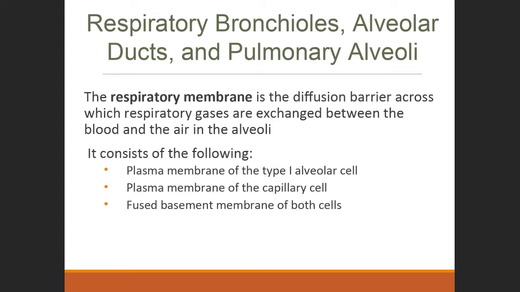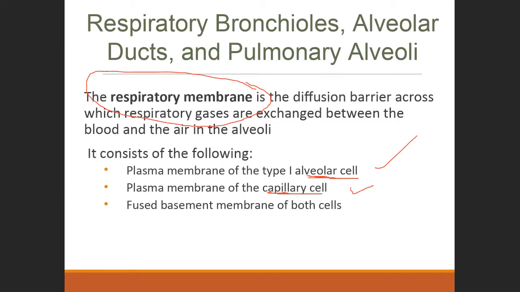You will see that the respiratory membrane does everything it possibly can to minimize the distance that these gases have to travel. We have our alveolar type 1 cell as part of our alveoli. We have the capillary wall, one cell thick each. Remember, we're doing this exchange with the blood.